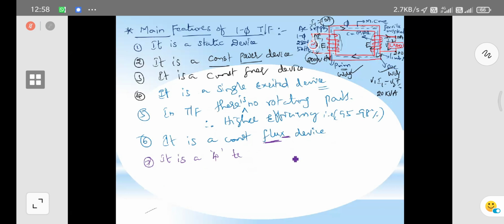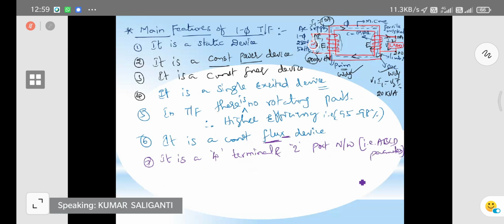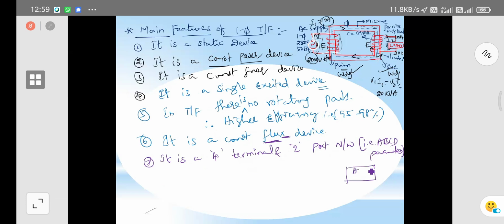It is a 4-terminal and 2-port network, that is ABCD parameters. A 4-terminal 2-port network means, suppose you take terminals like 1, 2, 3, 4.